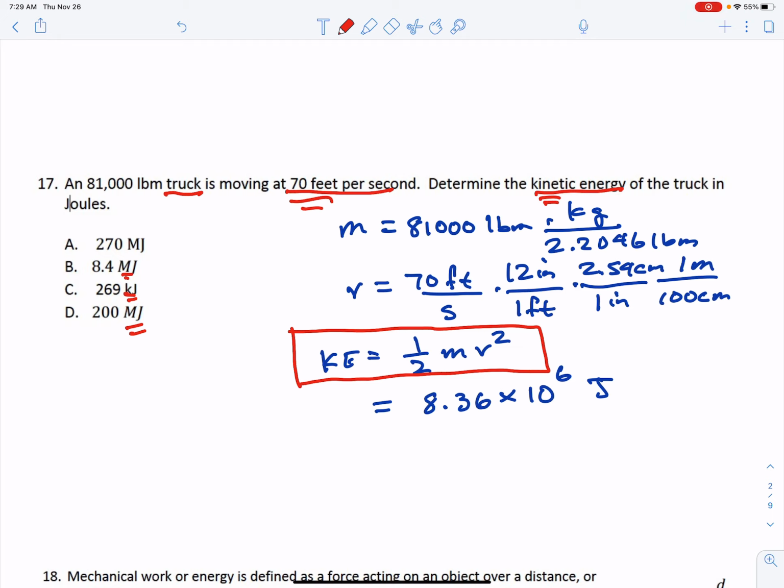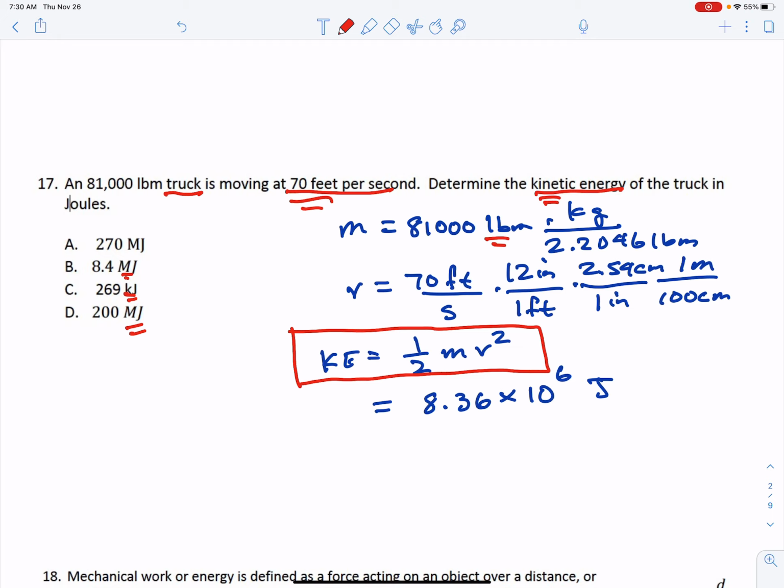My preference is to avoid the slug kind of calculation, because if you did this in English, you have to convert pounds mass to slugs. And to me, if I need it in metric, I'm just going to go ahead and convert it to metric. So that's what I did here.